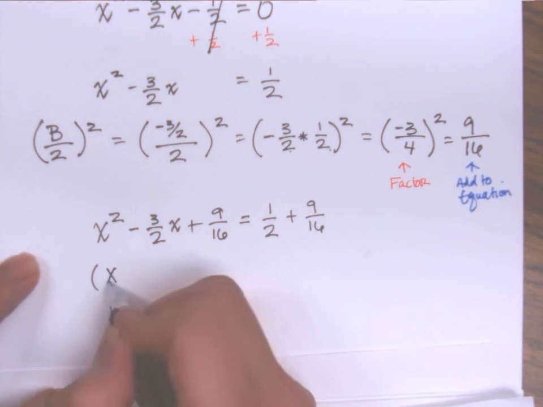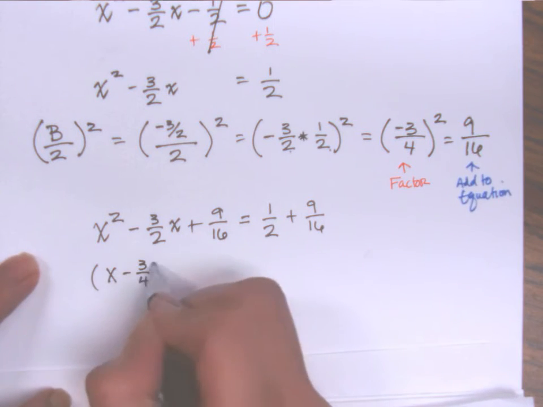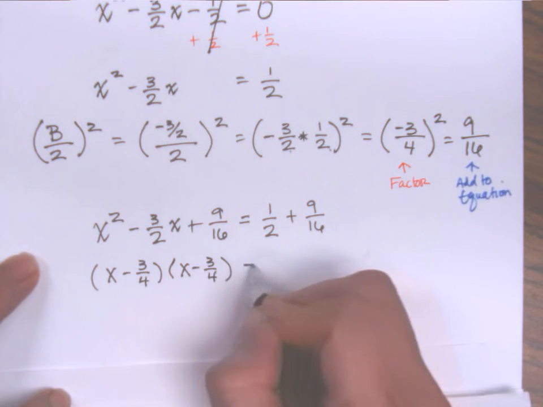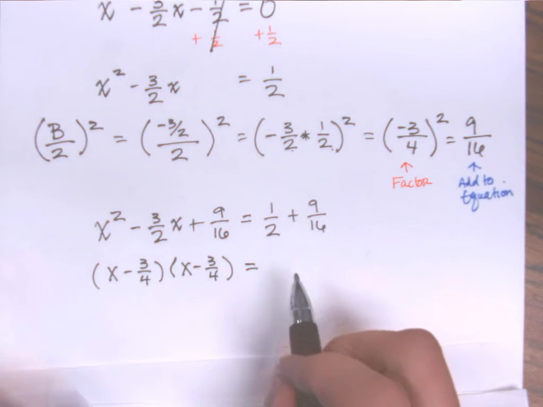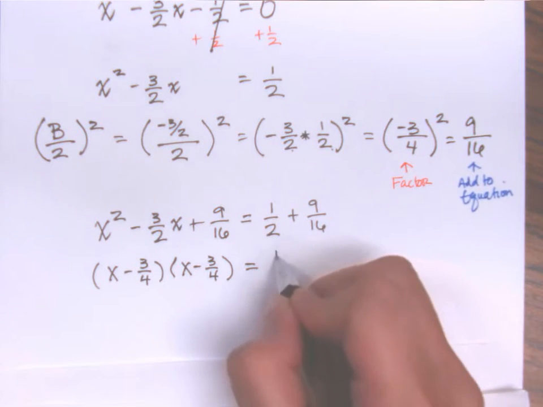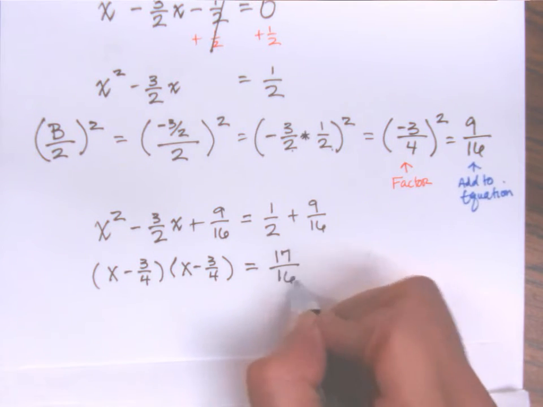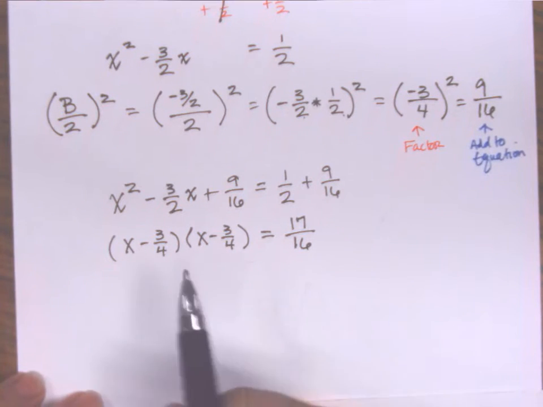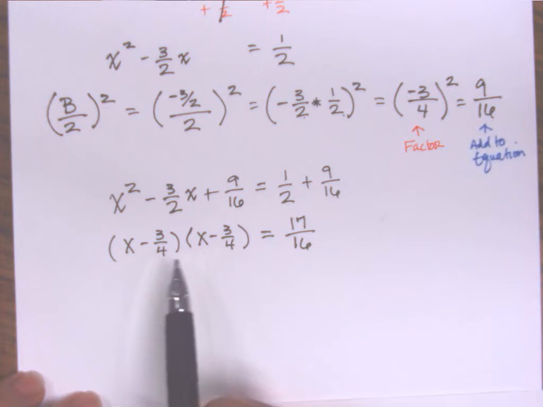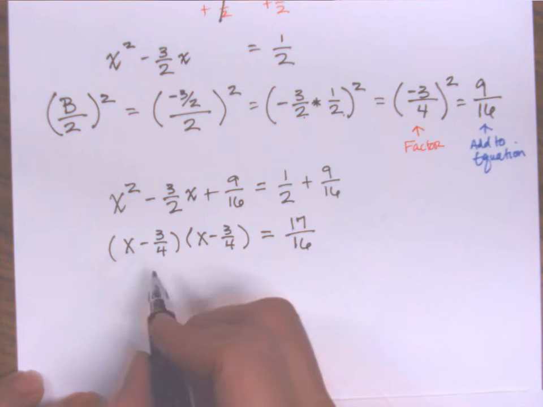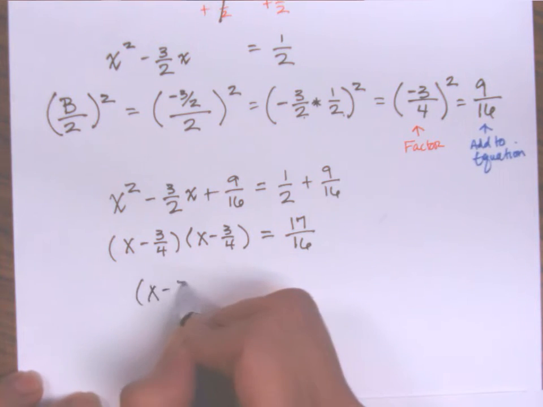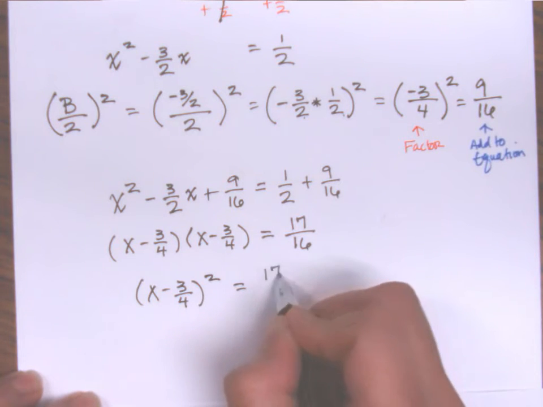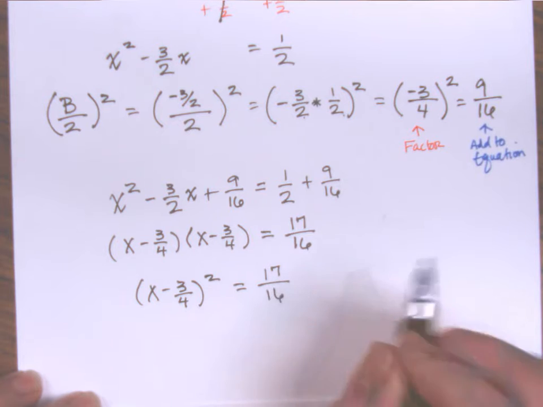So I have x minus 3/4 times x minus 3/4 equals 1 half plus 9/16 is 17/16. Okay. My set of parentheses here are identical, so I can rewrite it as 1 with a square on it, and that is still equal to 17/16.